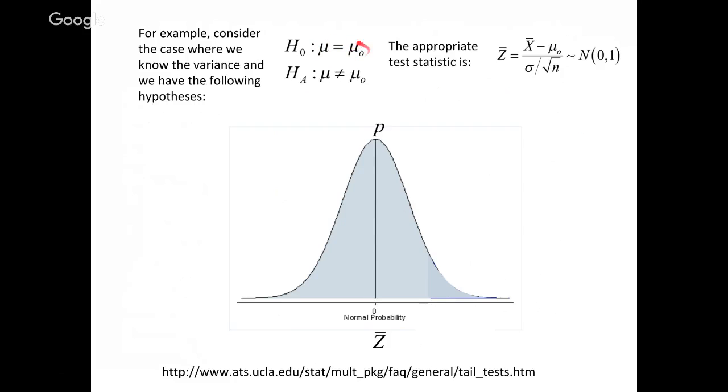So we'd substitute a 5 for it. And then z bar would represent the deviation of our sample mean from that number 5, given sigma and the number of samples we collected. So you can think of z bar here, the horizontal axis, as essentially being the deviation of our sample mean from 0, which would correspond to a perfect match between the sample mean and the value of the population mean that we're interested in testing against.